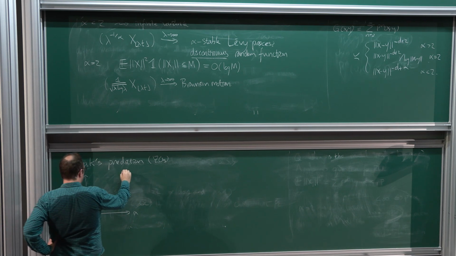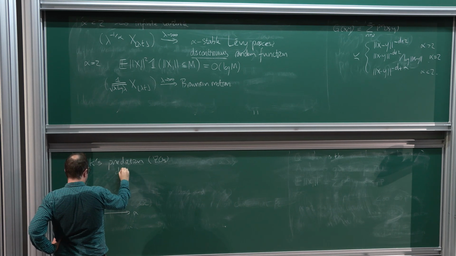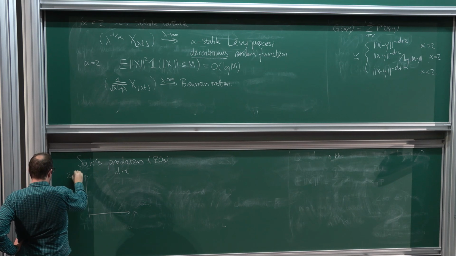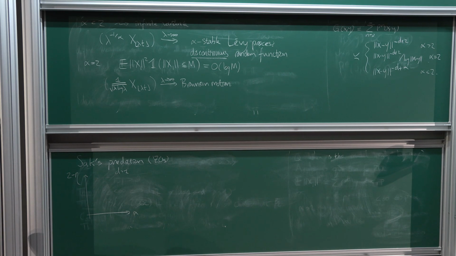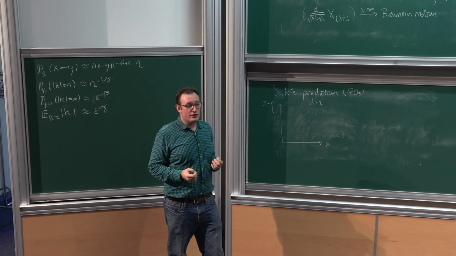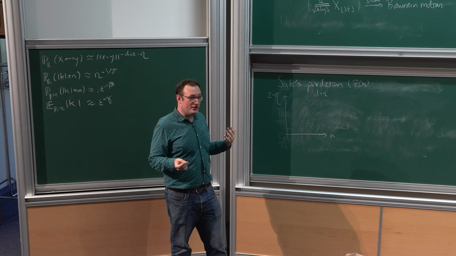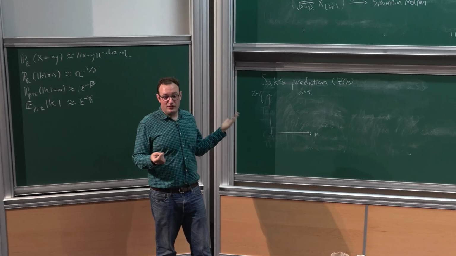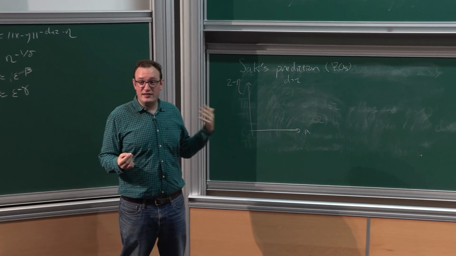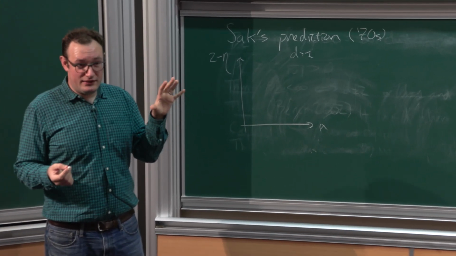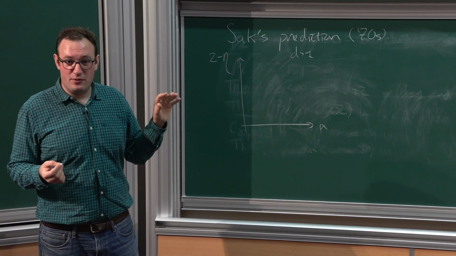So let's take d strictly larger than 1, and let's try to understand how the two-point function exponent, remember this is written here, depends on alpha. The first part of the prediction is that when alpha is large enough, it's unclear how large it has to be, the model should be in the same universality class as the nearest neighbor model.